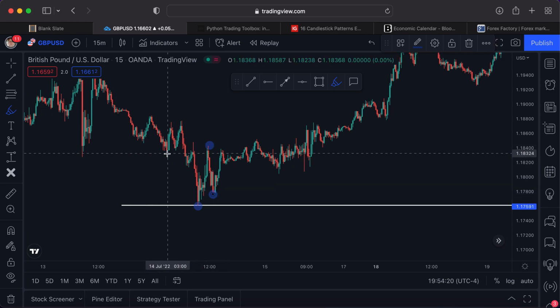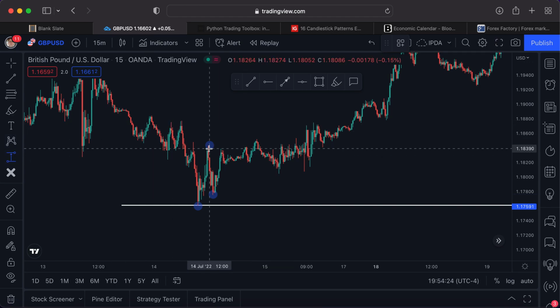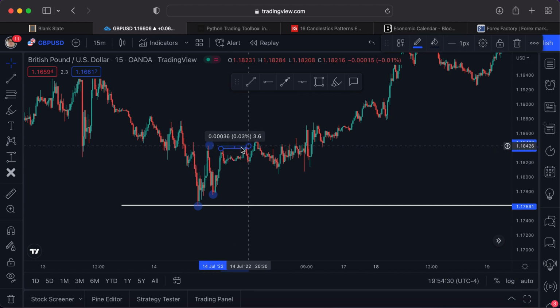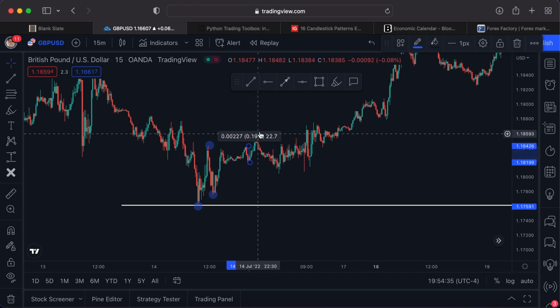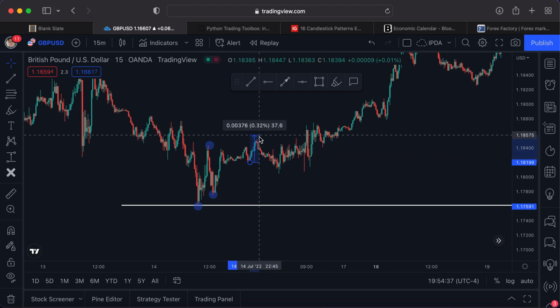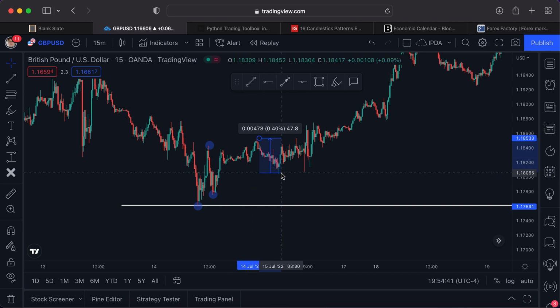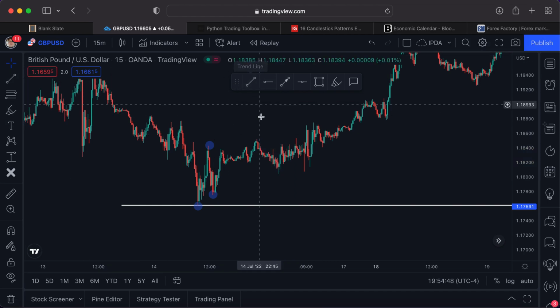All right, and then let's go ahead and again pull out this. What is this? That 23. It's a pullback. It's a deep pullback right here too. So let's go ahead and delete that.